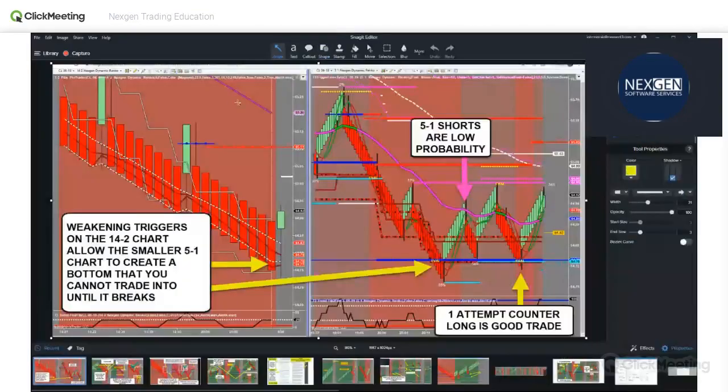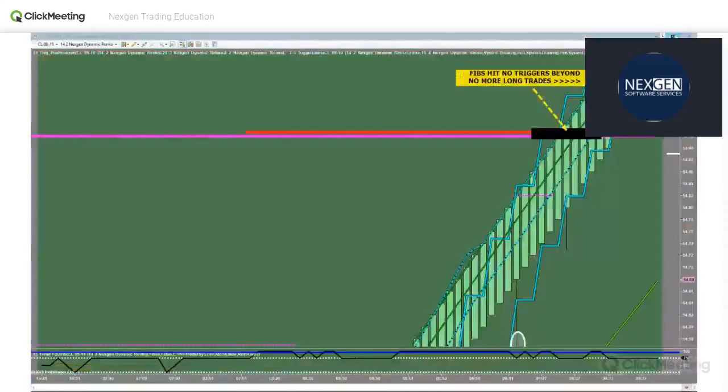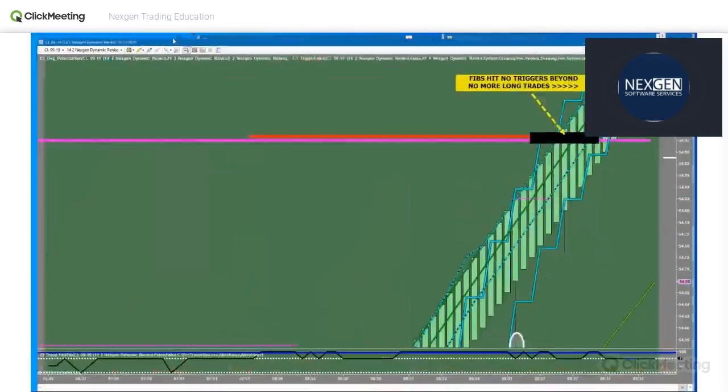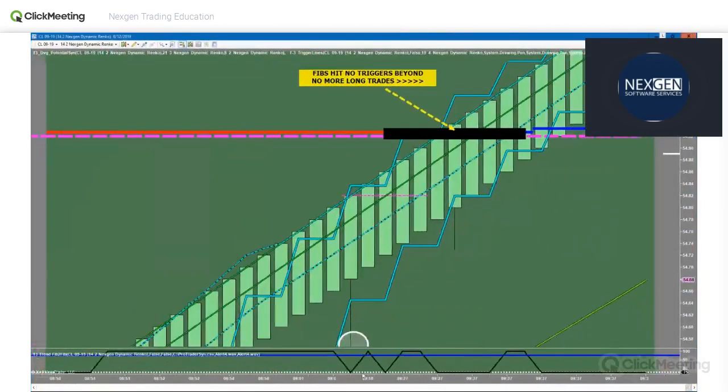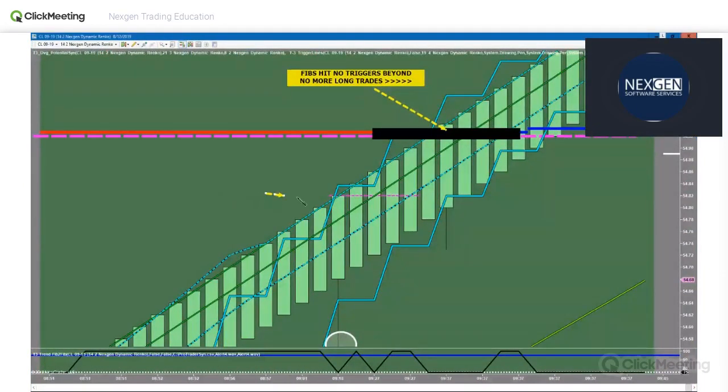Again, this is a weak trigger line look. You watch the rigidness of it all. In the real world right now, we just talked about, remember we said Eddie was like, well, it's weak right here.